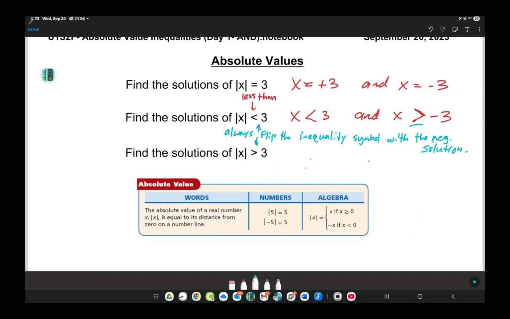So anytime I have a positive, I keep the inequality. So for this one, we're going to keep that greater than 3. That's going to stay the same. Okay. Because this is greater than, though, this is going to be an or, not an and. Okay. And then we're going to flip that to less than. So right here and here, we flipped.